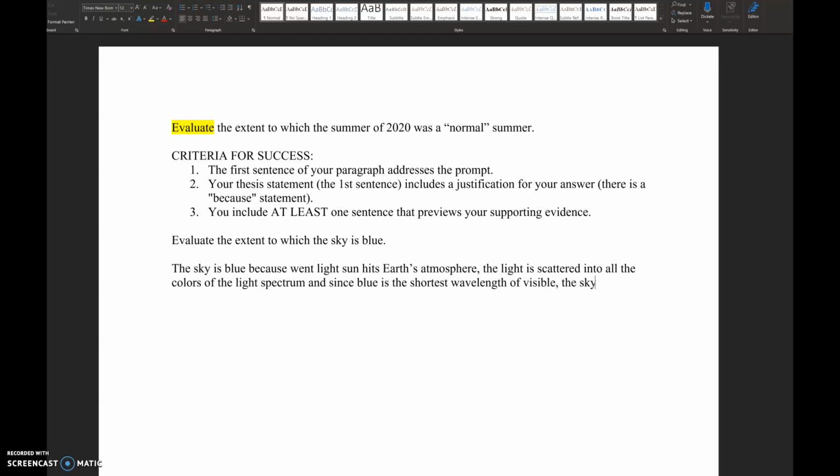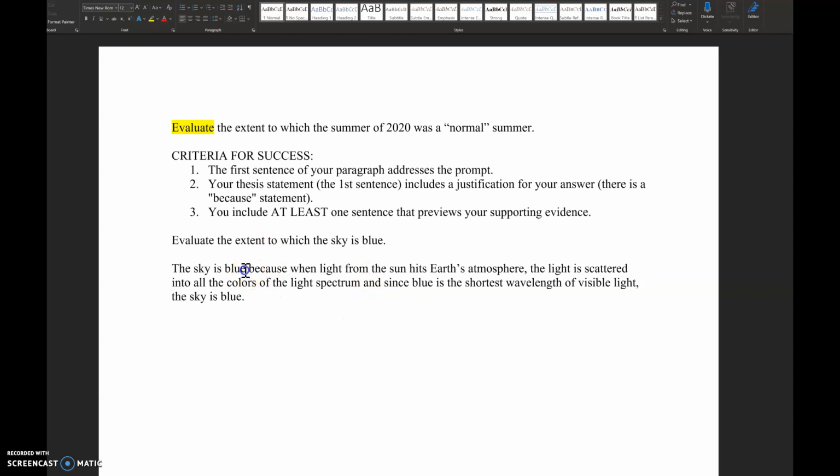The sky is blue because when light from the sun hits Earth's atmosphere, the light is scattered into all the colors of the light spectrum. And since blue is the shortest wavelength of visible light, the sky is blue.